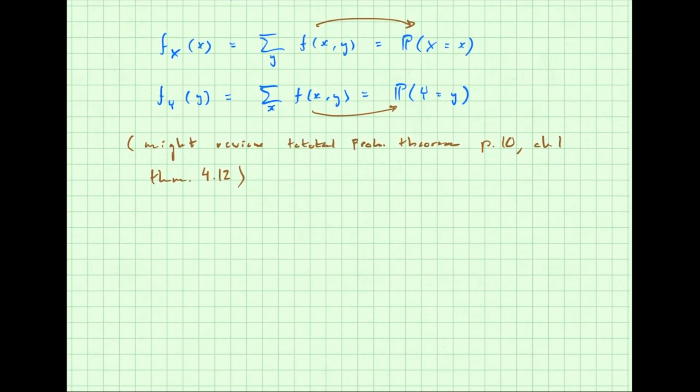I'll sketch it. I'll take out this parenthesis and just make a little reminder of what it looks like. It says something like this. You have to look back there to see what it's talking about here. But it says the probability of some event B is the sum over some index, which you have to look back there to see what it means, of the probability of B given A sub i times the probability of A sub i.